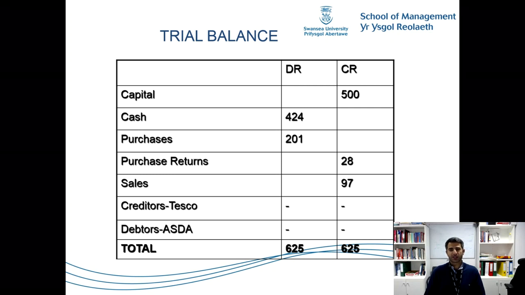What does that mean? So debit side should equal credit side. So this is the double entry bookkeeping system. The first step, as I mentioned, we need to open T accounts and record all the transactions. The second step, you need to balance off the accounts, and the third step, you need to prepare the trial balance.